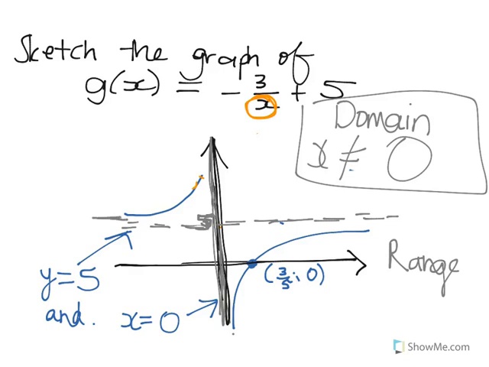And likewise over here, your outputs get very close to 5, but they're never actually 5. But otherwise, it produces every other output under the sun. And so your range is going to be that g of x will never be equal to 5. So g of x can be anything except 5, really. So that's how you'd answer a question about what the domain and the range of the function are.